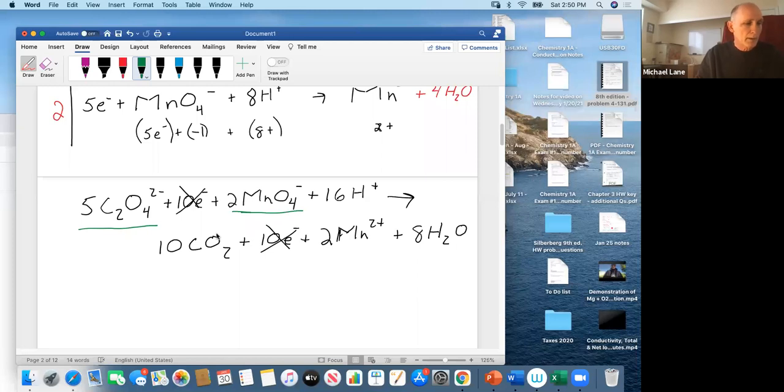Now, the other thing that I want to do is remind you that before I started this, I removed the calcium and the potassium because I knew they were spectator ions. I want to put them back in now. And if this step bothers you a little bit, it'll probably become much clearer later on that it really is a minor point.